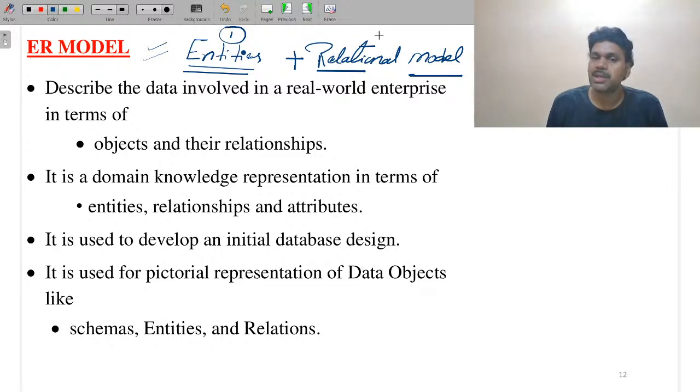By combining them you can call it the ER model, which is mainly used for conceptual design, also called logical design.